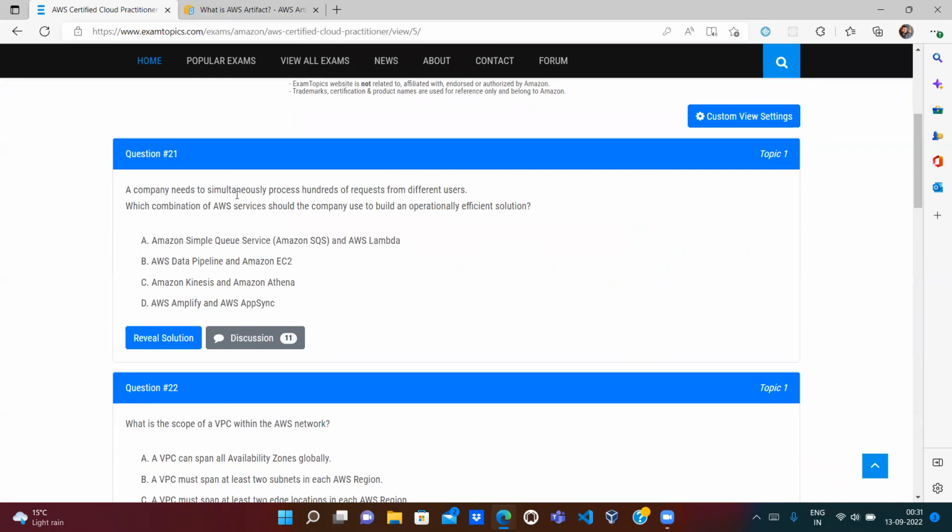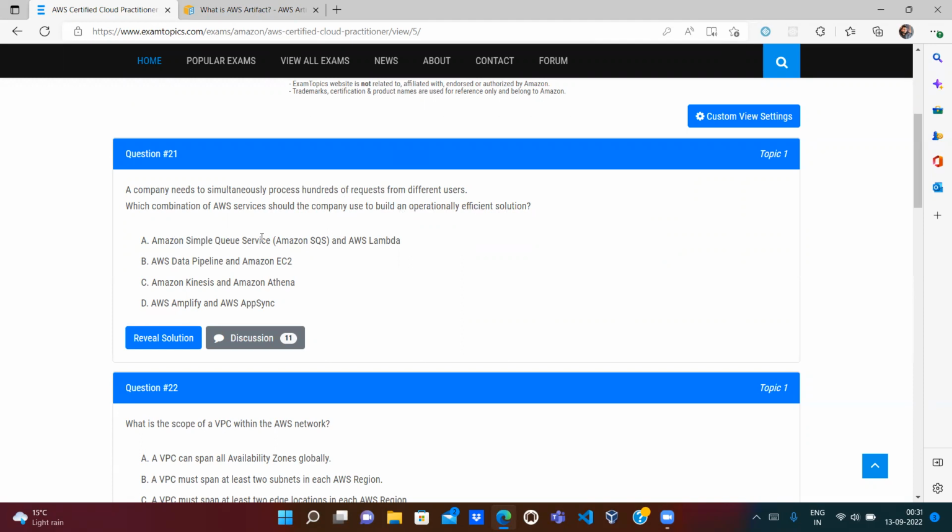A company needs to simultaneously process hundreds of requests from different users. Which combination of AWS services should the company use to build an operationally efficient solution? The keyword is hundreds of requests coming simultaneously. So how can you handle this much load? One option is a queue service and AWS Lambda.